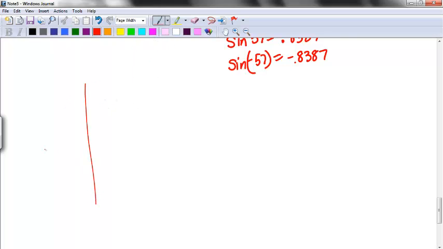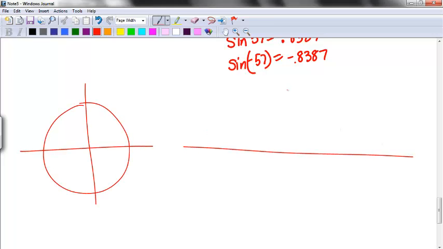Draw a little circle. Every pi over 2, so pi over 2, pi, 3 pi over 2, and 2 pi. And then it'd go negative pi over 2, negative pi, negative 3 pi over 2, and negative 2 pi.